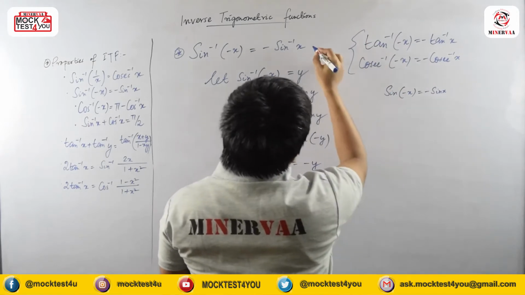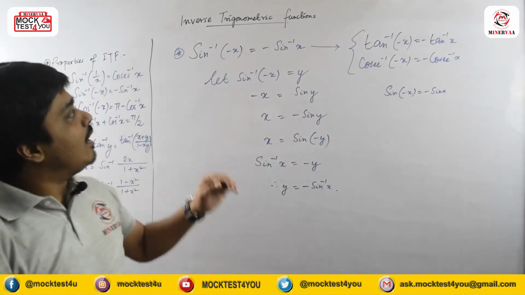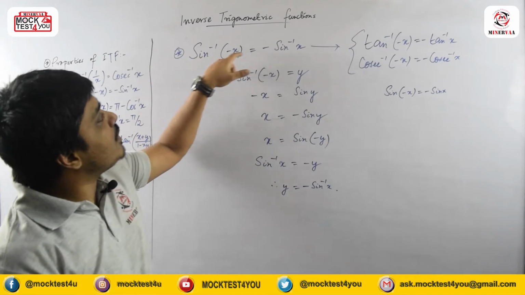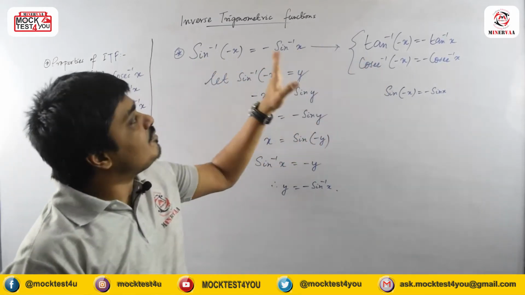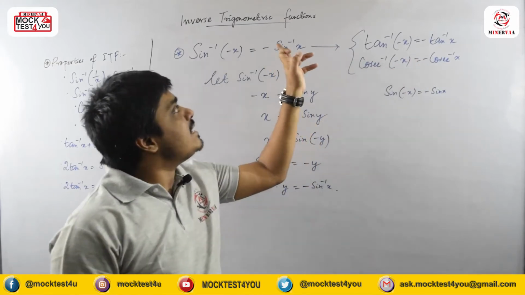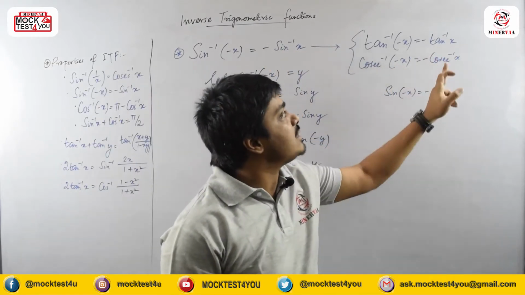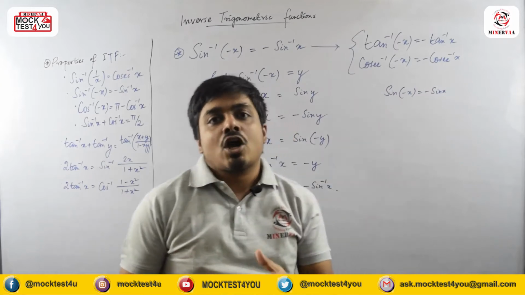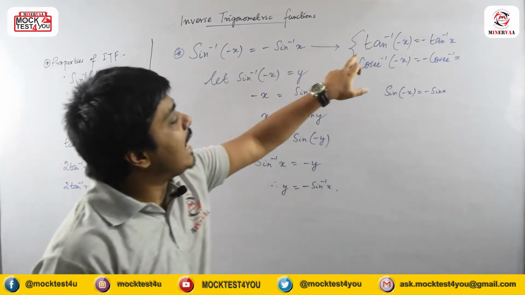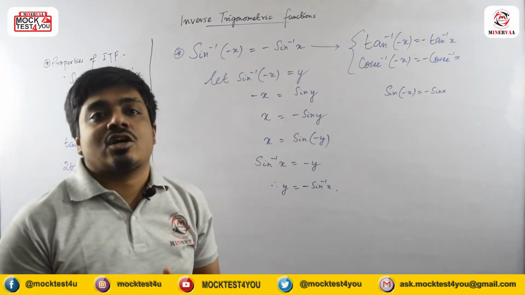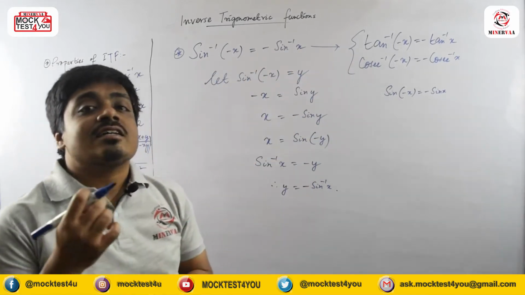So these two also follow the property of sine, tan, cosec. They have the same output, that is minus of sine inverse x, minus of tan inverse x, and minus of cosec inverse x. So this is how we need to remember the formulas. When you see sine, tan, cosec, all these three follow the same criteria.